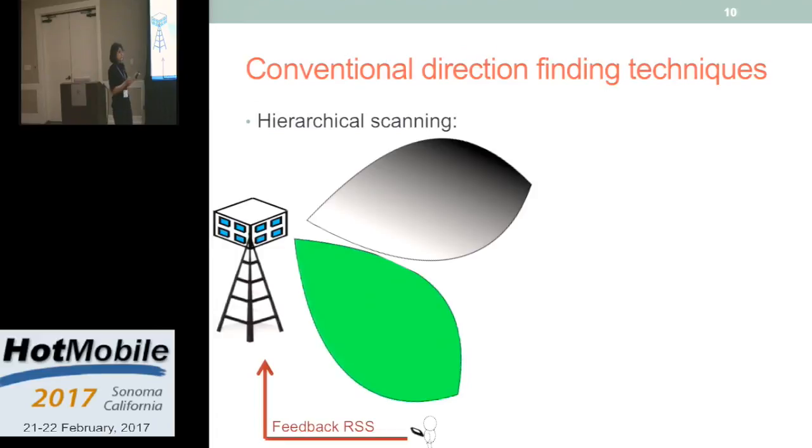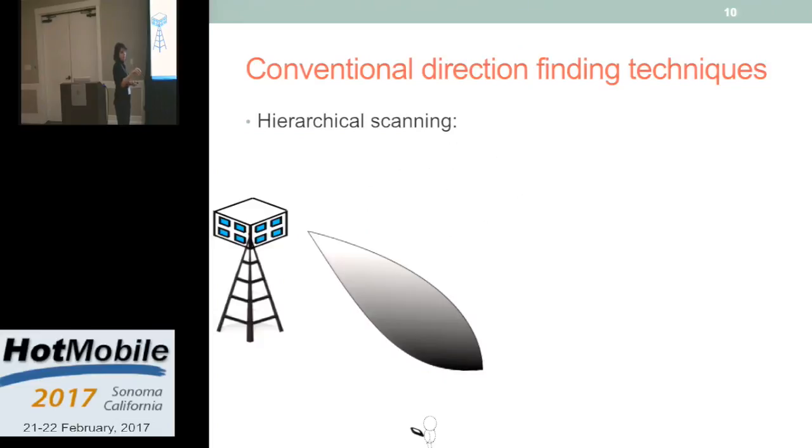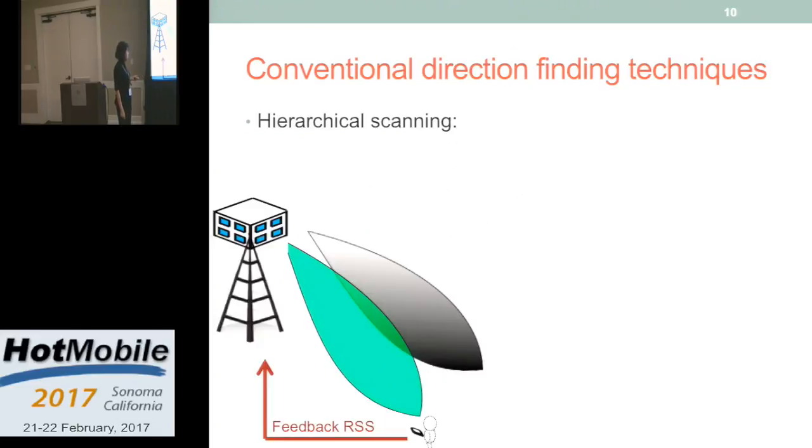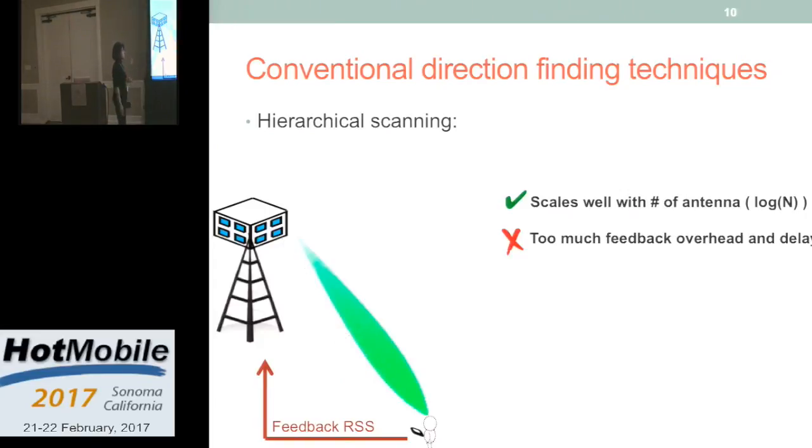The other approach is hierarchical scanning, which borrows the idea of binary search. We start with wider beams, covering more area, and then based on the feedback from the user, we decide which region to scan with narrower beams. We continue this approach until we find the exact direction of the user.